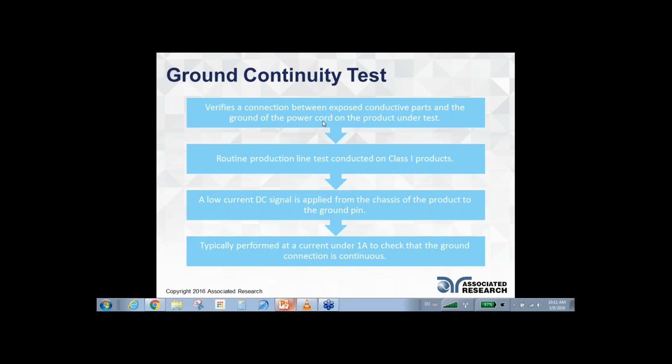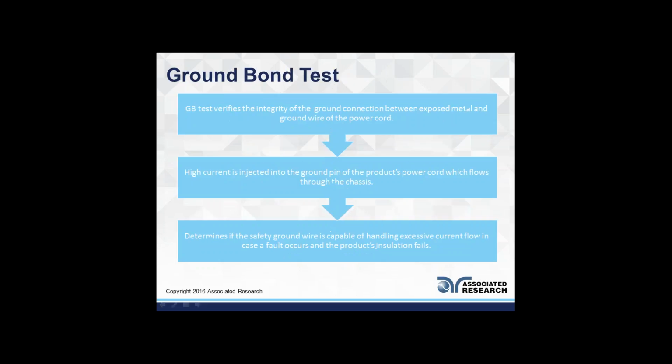For some other tests, you want to do what's called a ground bond test. This is what we'll look at next. So this ground bond test is verifying the ground wire that you have for your DOT is able to handle the current that might possibly be there if there was any condition where the live wires came in contact with the chassis of the product.